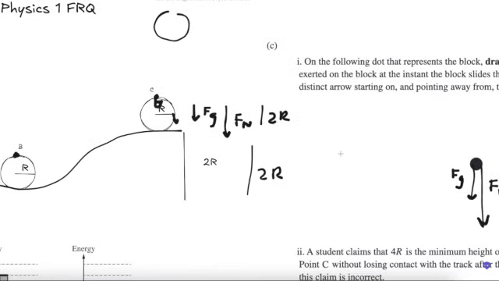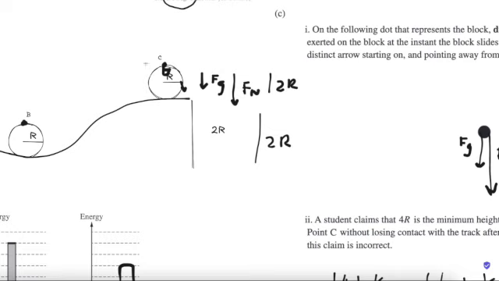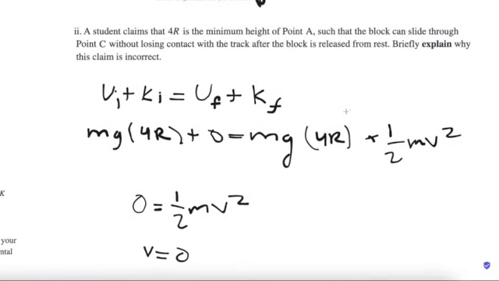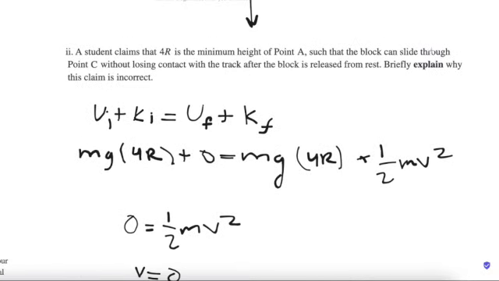And you know what that means? When the velocity is 0, obviously this block is going to lose contact, and it's going to eventually just end up falling. So we can say that it cannot slide through point C without losing contact because its velocity is 0.